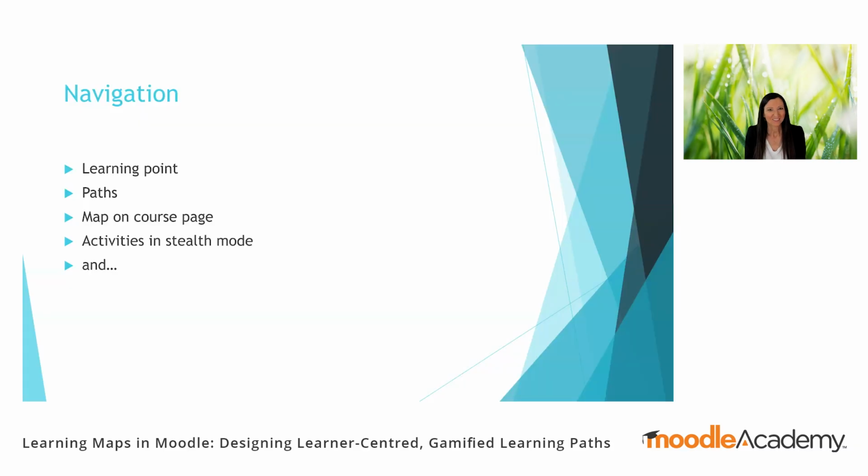Short intermezzo. We said learning places or points. You have the path. You have the map on the course page, as I mentioned before. Often the activities are put into stealth mode so that the learner can really focus on the map and the activities in the map, and not separately, but that's up to you.